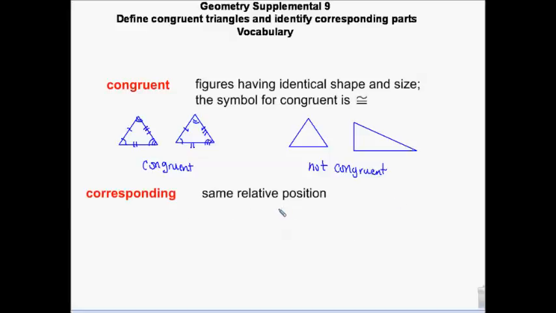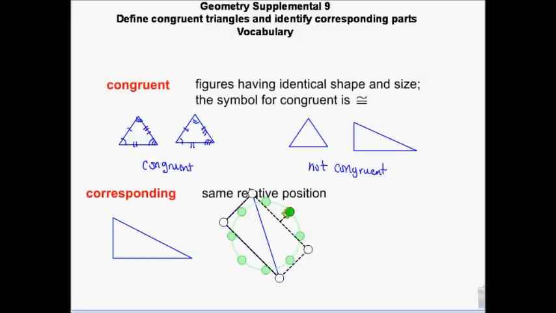Corresponding means to be in the same relative position. So if I have this triangle and this triangle, and let's say I rotate this one.